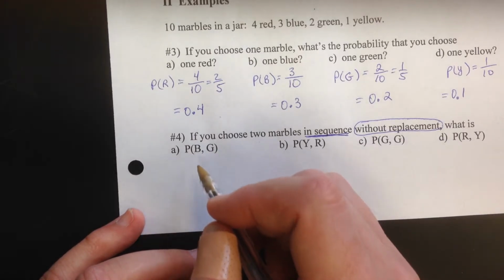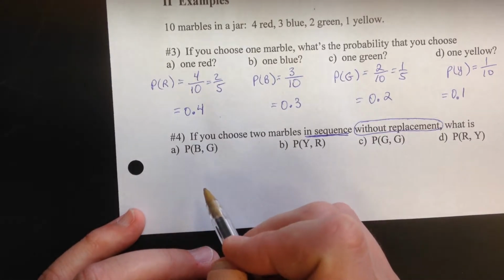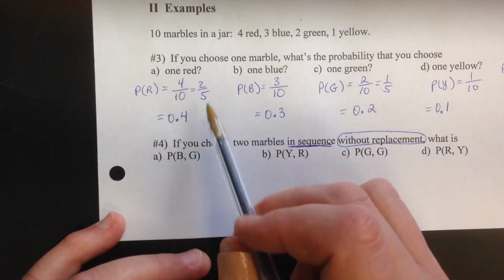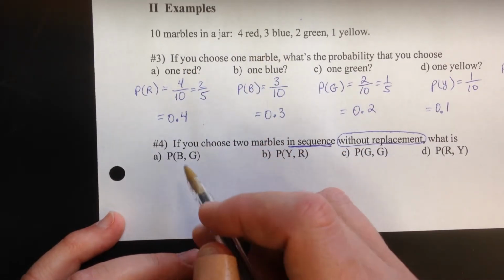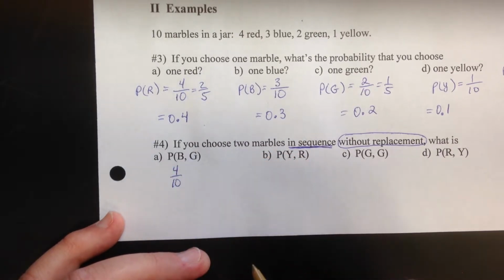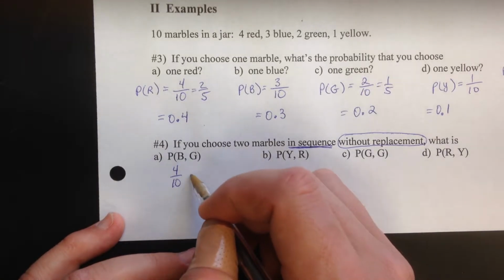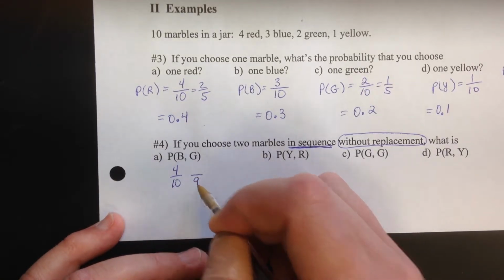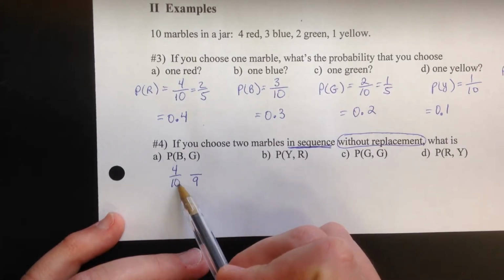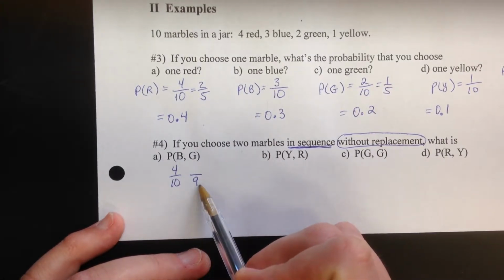So we'll start with the probability of a blue marble. Now we're using the same information from the first problem here for problem 3. So the probability of a blue is 4 out of 10. Now here's the thing. Let's say we pick a blue, but we don't put it back. We don't have 10 marbles anymore, now we have 9.